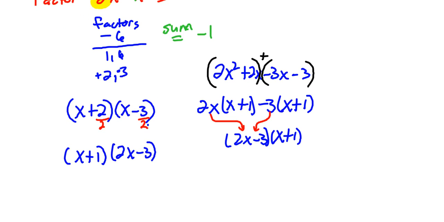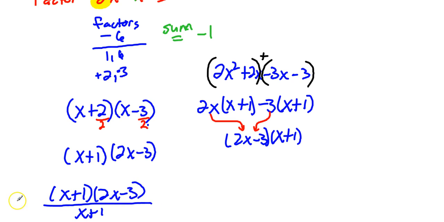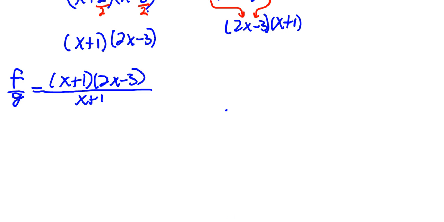So the problem becomes x plus 1 times 2x minus 3, over x plus 1. Then your x plus 1s will cancel, so your final answer for this one would be 2x minus 3.